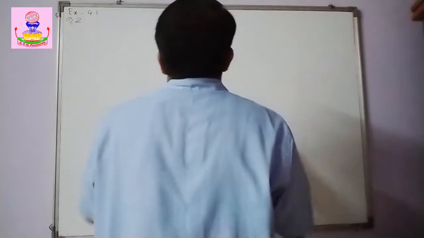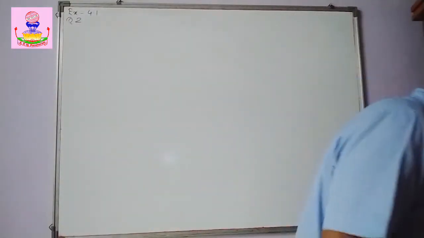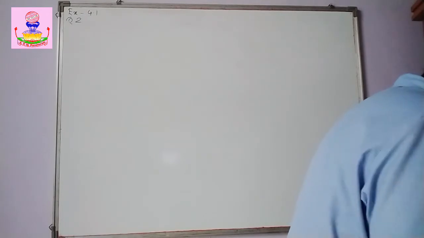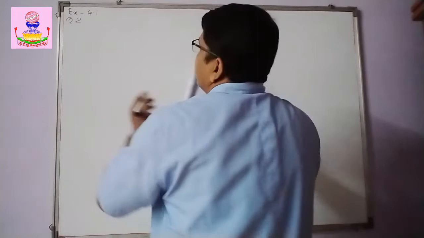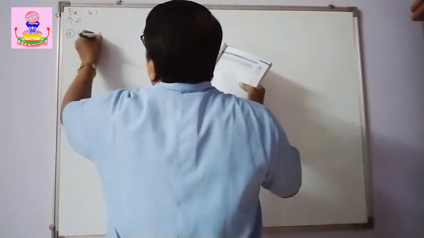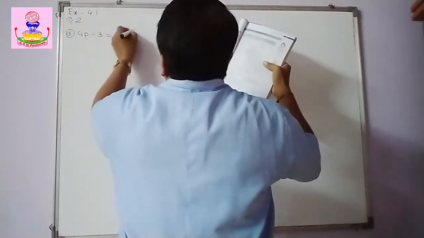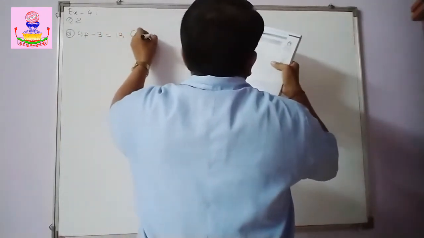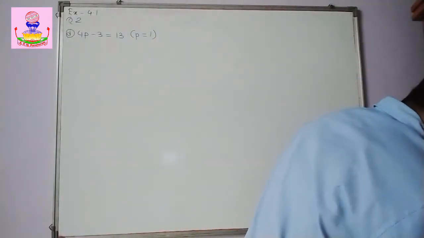So now question 2 D, 4p minus 3 is equal to 13. In the bracket, p is equal to 1. Okay.